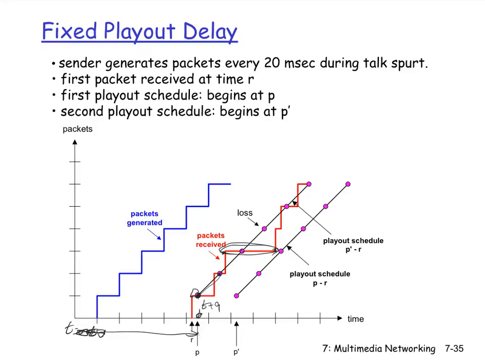It increased due to some network load. So this packet arrived, but it arrived too late. It arrived here, where I should have played it here. So to me, this is delay loss. It's not network loss, it's delay loss. So this packet is lost.